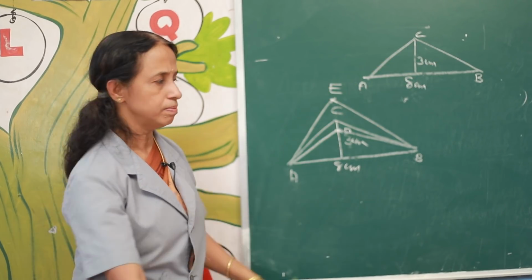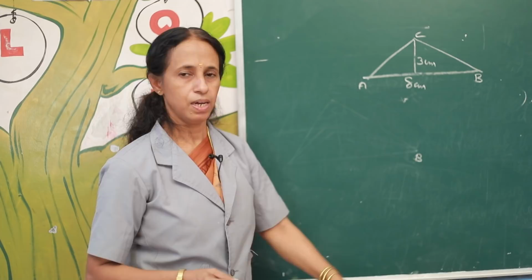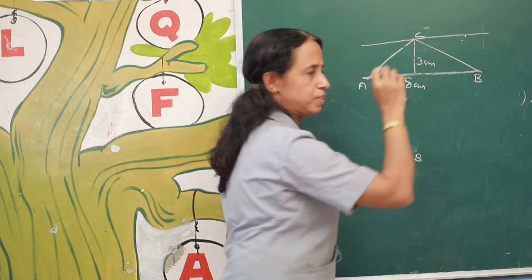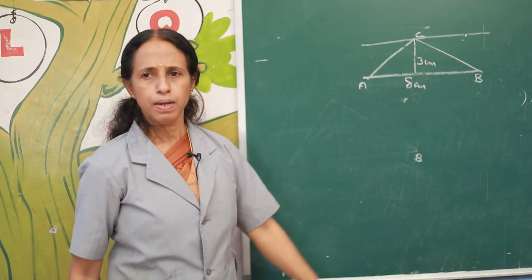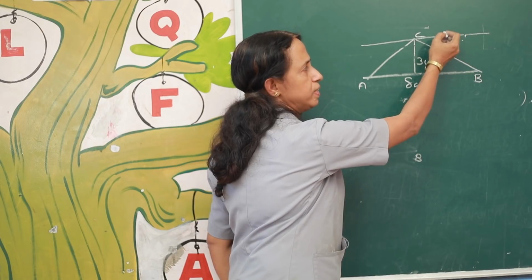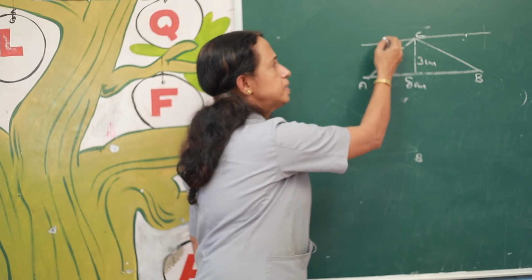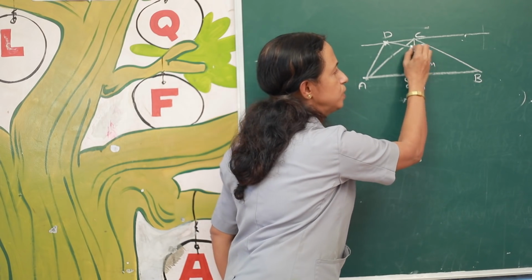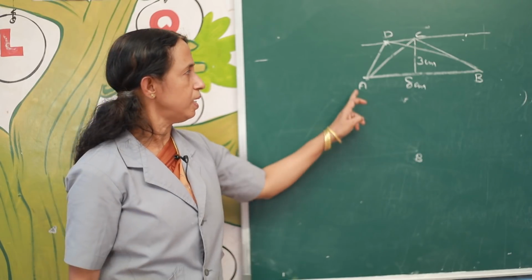Draw a line parallel to AB through C. Mark a point on the left side of this line, D. Join D to A and D to B. We have got triangle ADB.